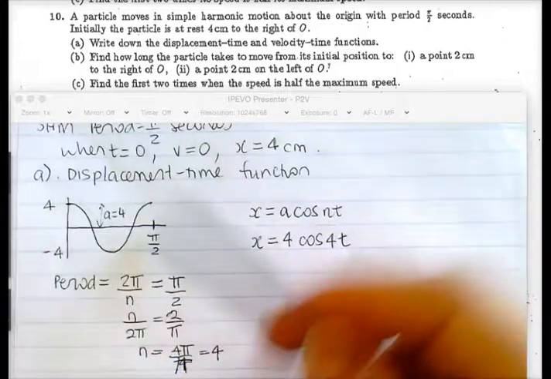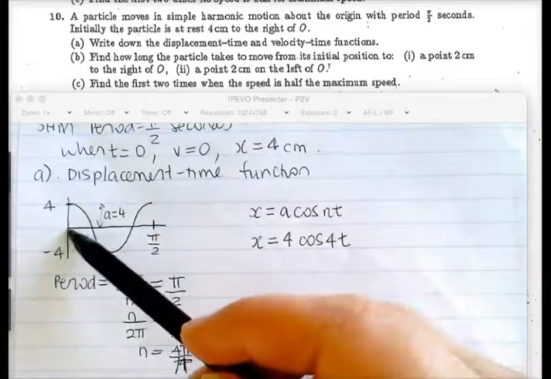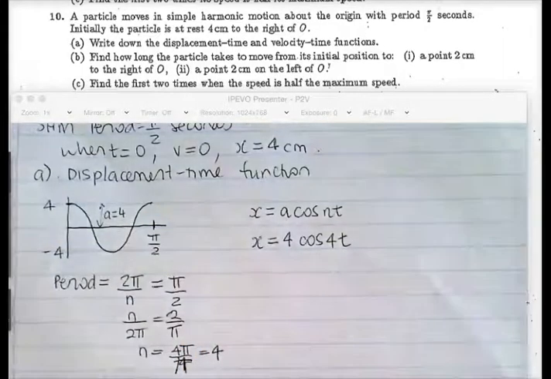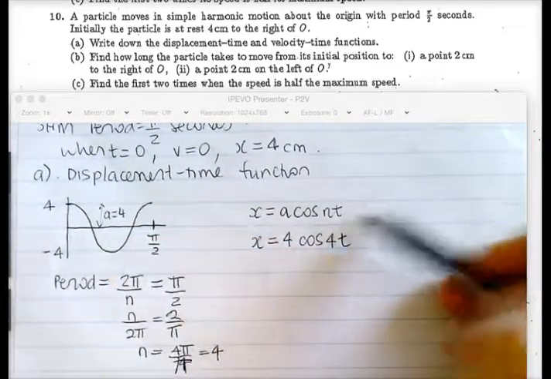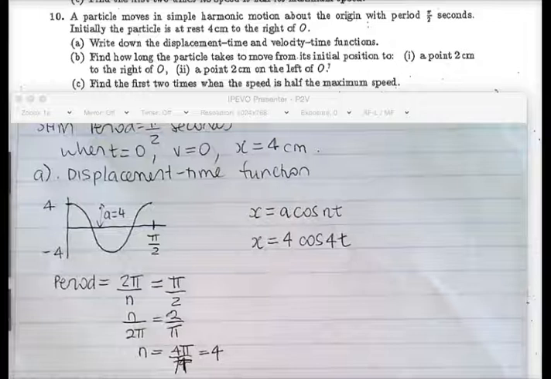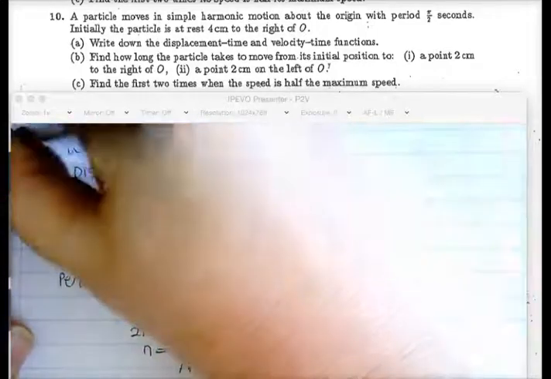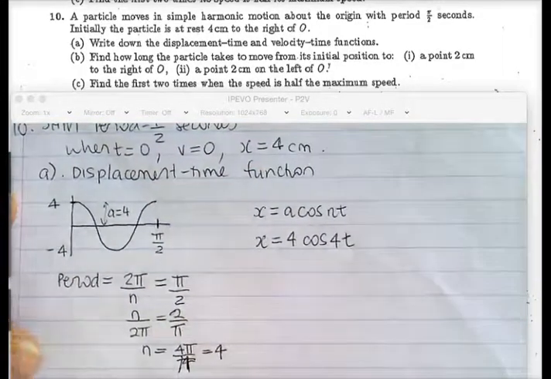You wouldn't choose the sine function here because it doesn't start at the origin. It's a cos function, amplitude 4, it starts there, which is great. There's no sideways shift, so I don't need my plus alpha, and there's no up or down shift as well. Today we're going to do a number of problems, and I don't want you doing up and down shifts.